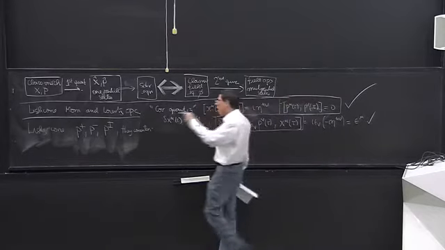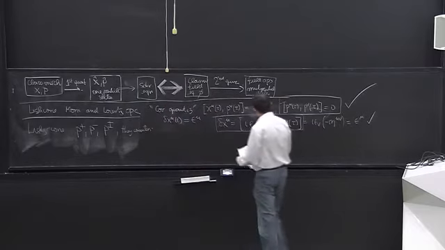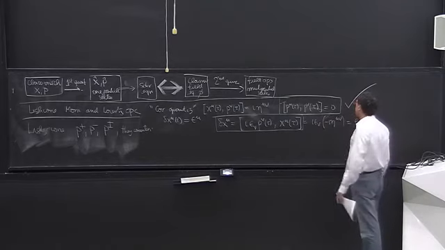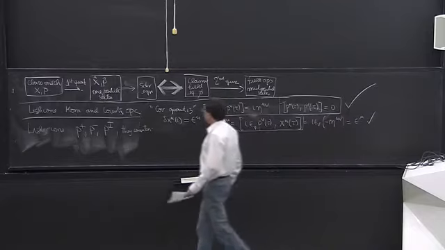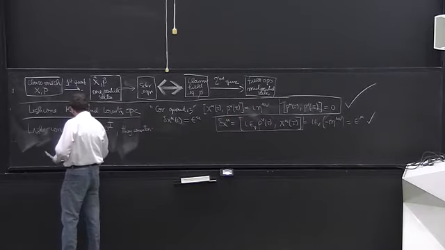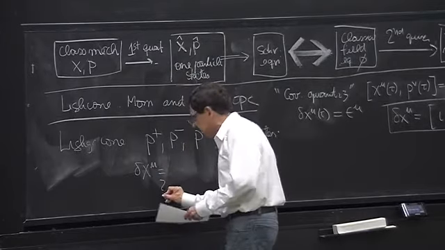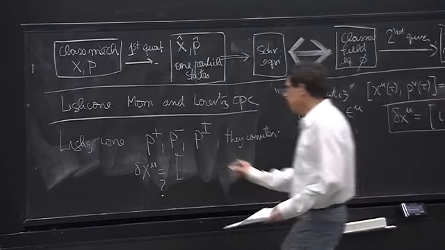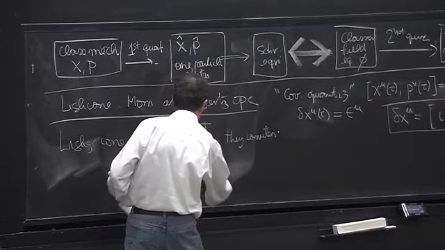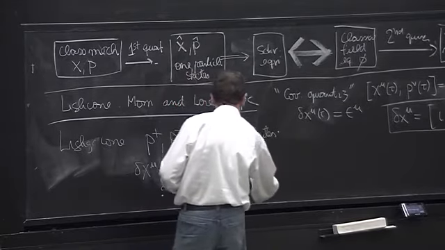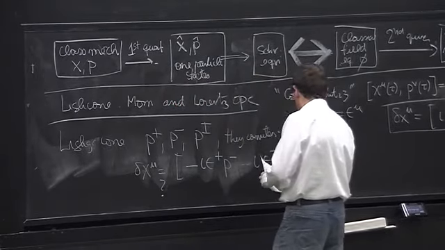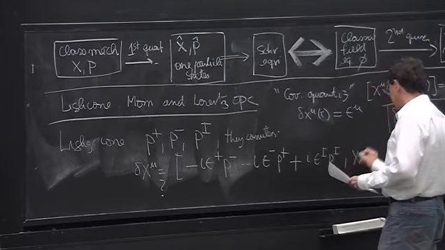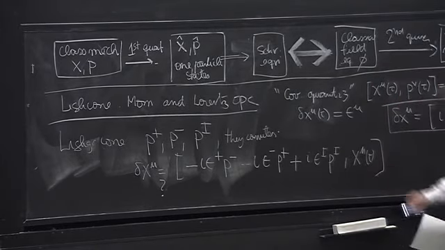But if these are honest momenta, they better generate something like translations, and we should understand whether they do so. So I want to see if they generate translations. So I ask, is delta x mu really given by this thing acting on x mu? So this thing would be minus i epsilon plus p minus, i epsilon minus p plus, i epsilon i p i, with x mu, possibly of tau.